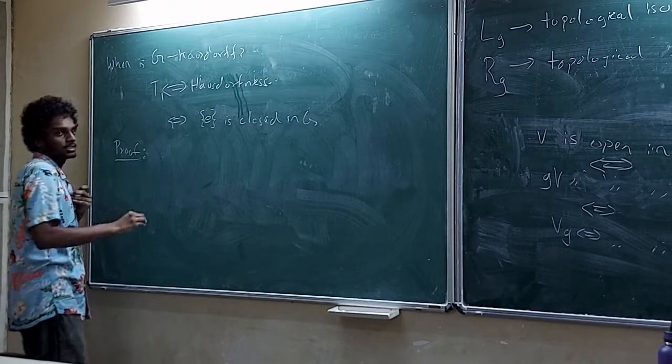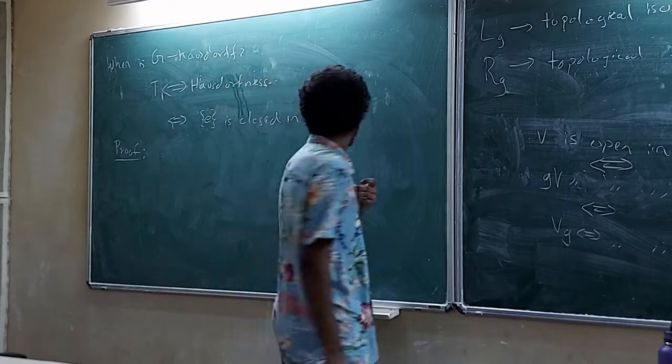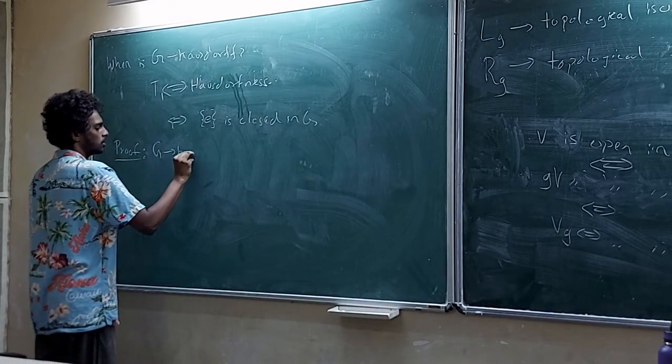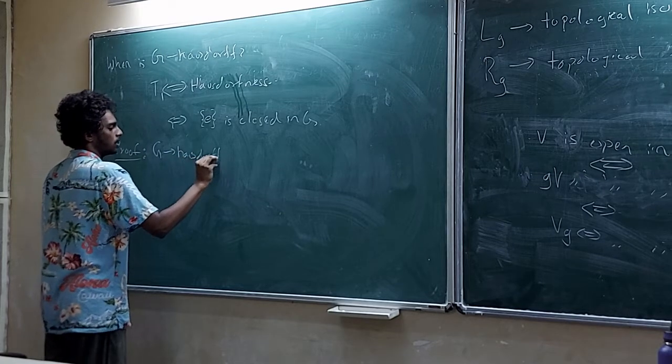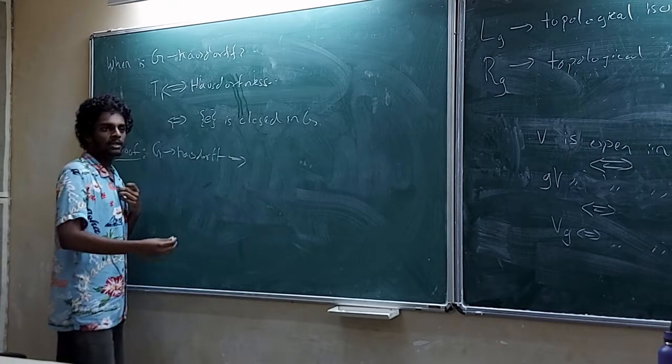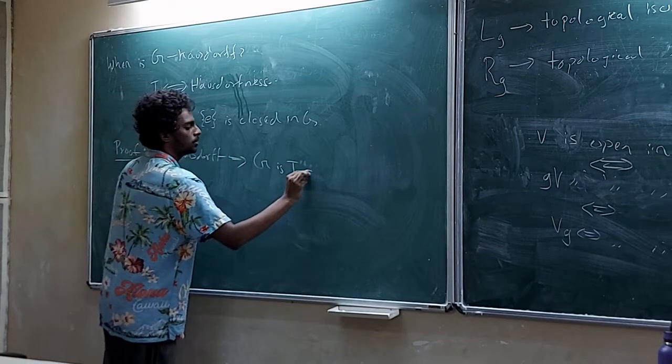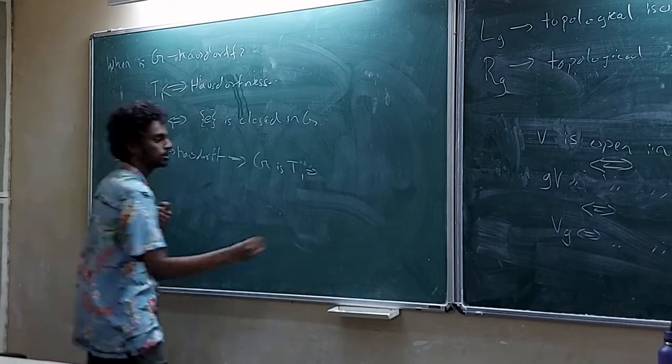Again, as in most cases, I will not give the full proof. So, of course, if G is Hausdorff, that will automatically imply that G is T1, which will imply that E is closed.